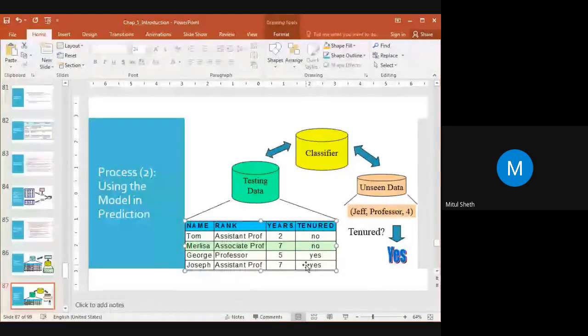Now I'm asking you one question. Okay, why must your testing data be different from the training data?